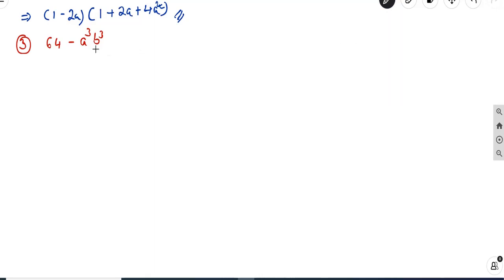So I will write this as 4 cube minus ab whole cube. I hope you know 4 cube is 4 into 4 into 4. When you multiply, 4 fours are 16, 16 fours are 64.